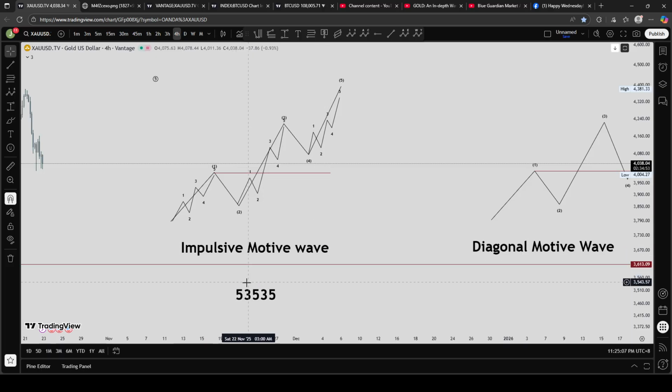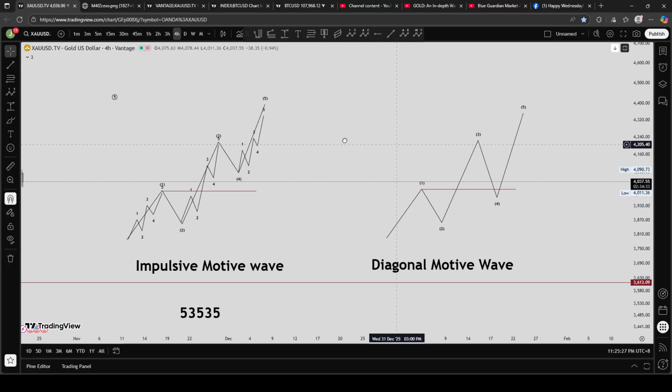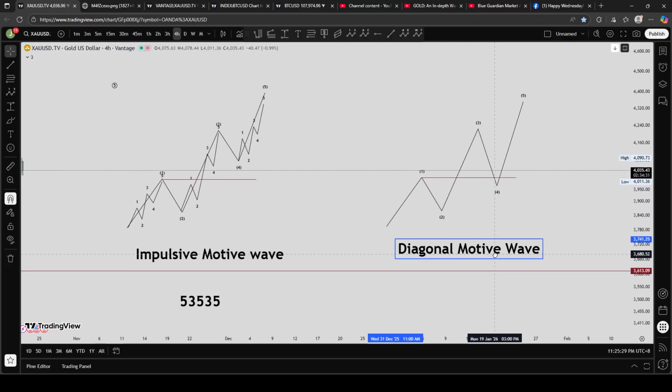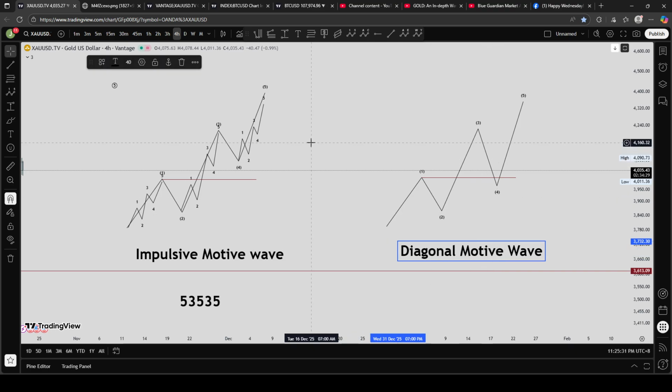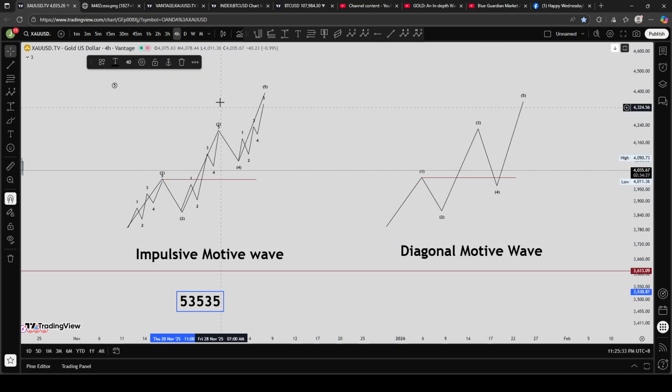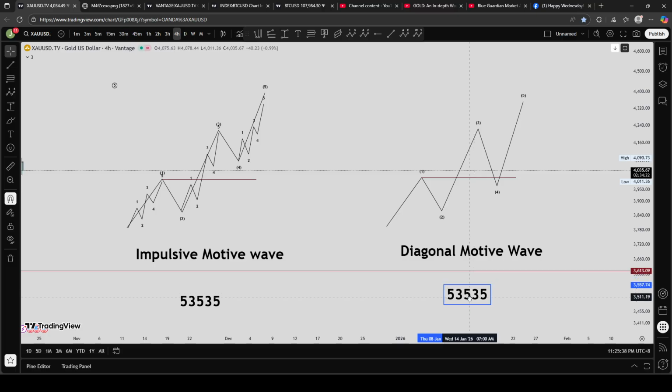Meaning 5 waves up for wave 1, 3 waves down for wave 2, 5 waves up for wave 3, then 3 waves down for wave 4, and then 5 waves up for wave 5. This can also be the structure for a diagonal wave. However, there is another wave counting structure for a diagonal wave. And what would that be?